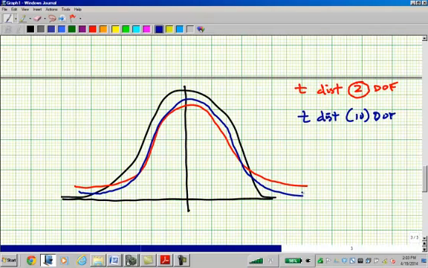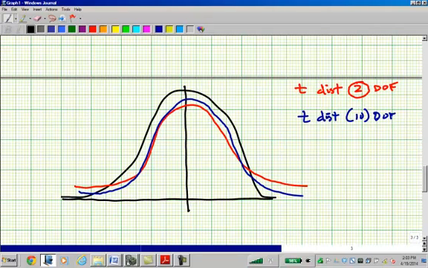Okay, it's less spread out. Why? Because it has a bigger sample size, so a smaller standard deviation. So it's less spread out than a sample of size 2, but it is more spread out than the normal distribution.